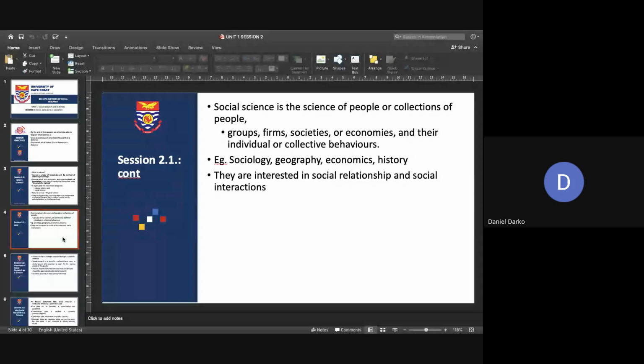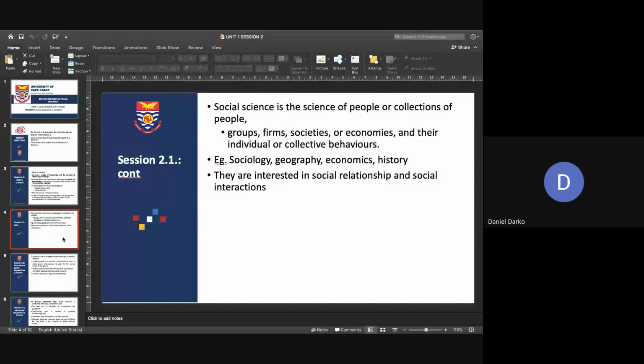So in social science, we study physical objects as well as non-physical objects. We study groups, firms, societies, economies, individuals, behavior, group behavior, and all that. They're interested in social relationships and social interaction. So the things we study are broad.